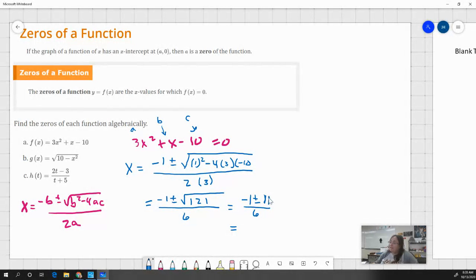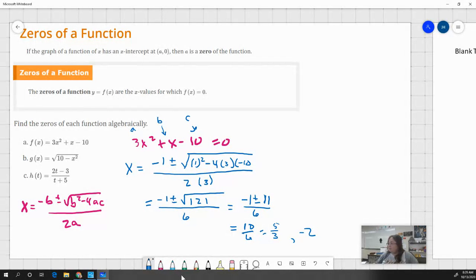Well, that's 10 over 6. Can't keep it that way, though, because those are both even. So this would be 5/3. But I also have minus 1 minus 11, which is negative 12, and negative 12 over 6 is just negative 2.